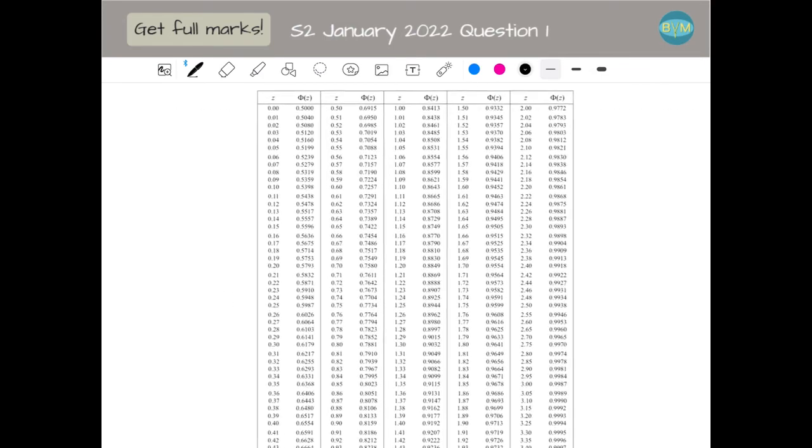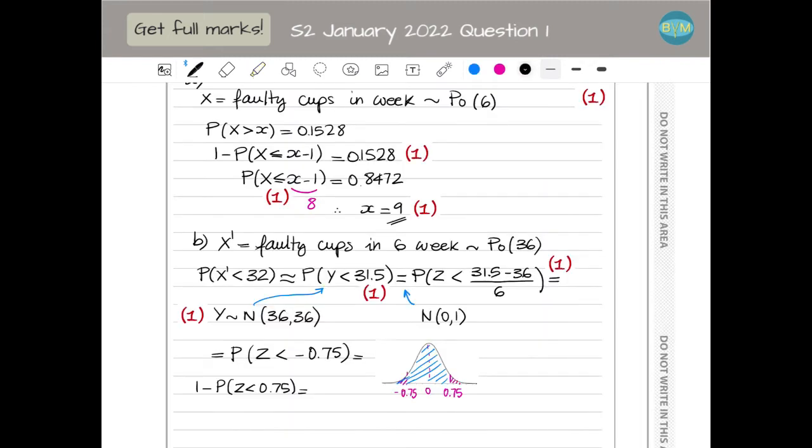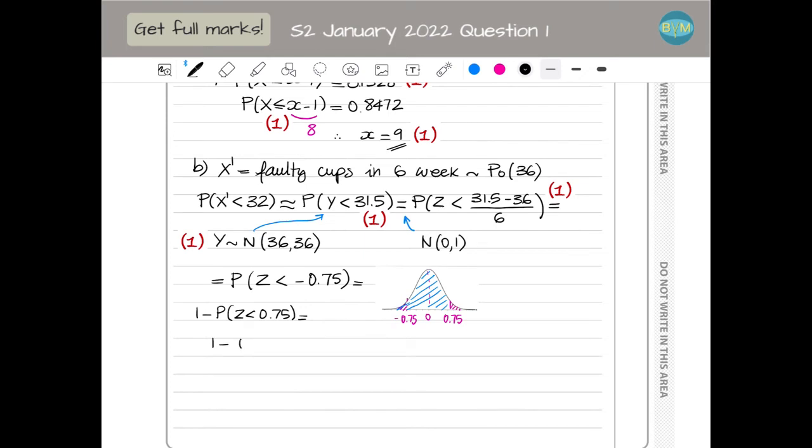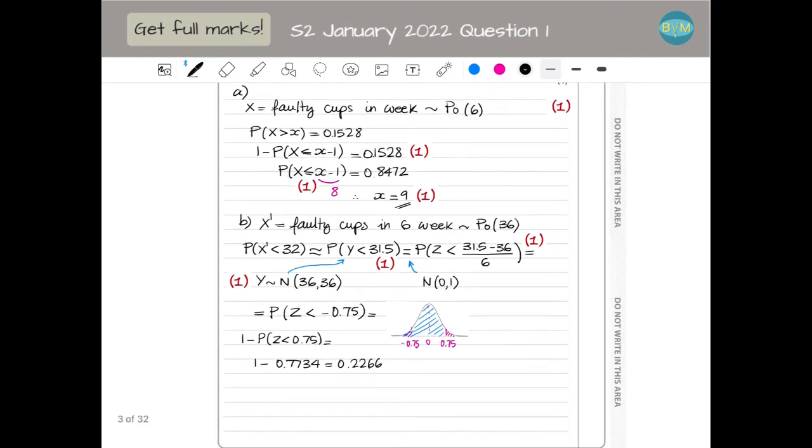You find the 0.75 for Z, is 0.75 is here, so that probability is 0.7734. So this is going to be 1 minus 0.7734, which is 0.2266. And that's my 4th mark in this section. So that's the probability that I was looking for.